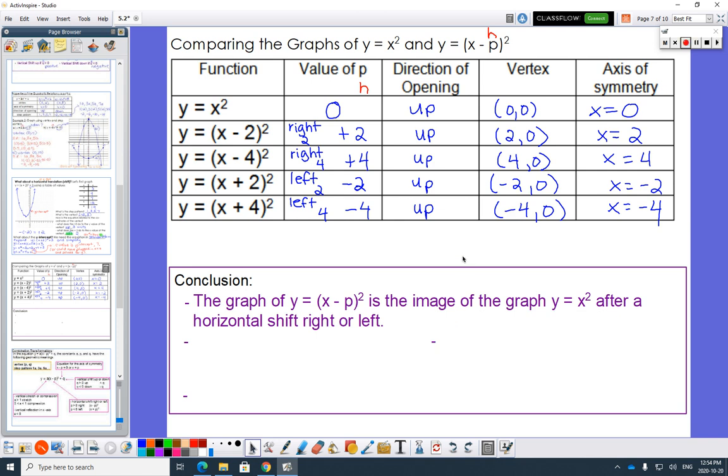So this is part of vertex form, and the general formula is negative. So that's why when you have a positive value, it comes up negative in the formula, and when you have a negative value, it comes up positive because you're doing like a double negative, which makes positive.